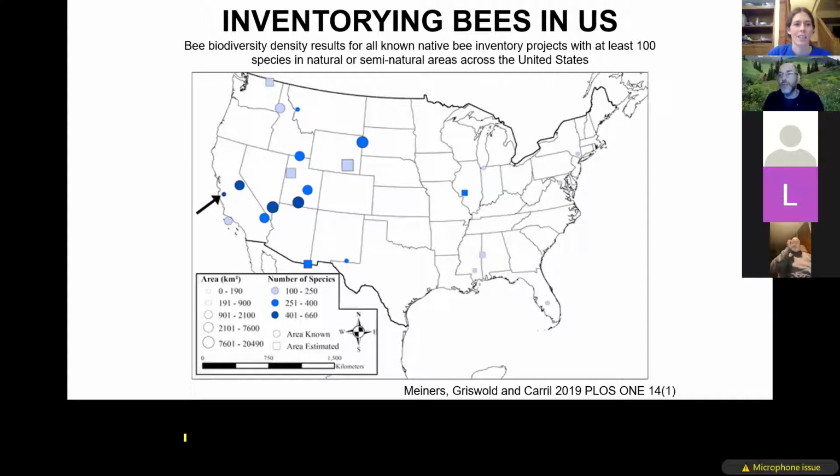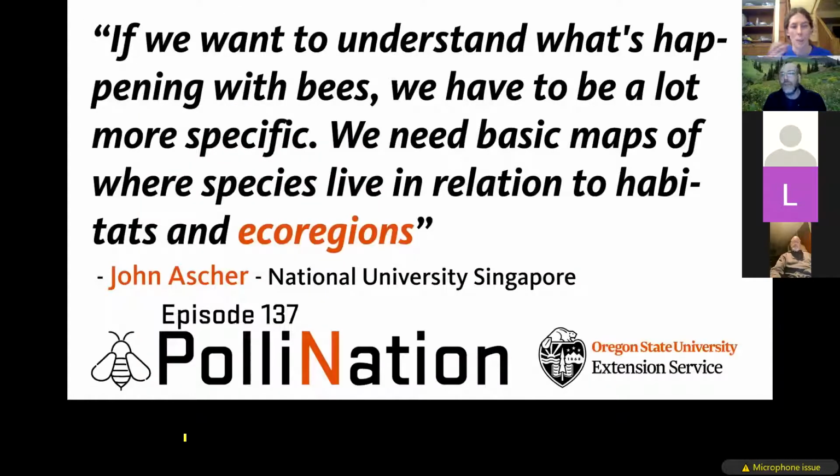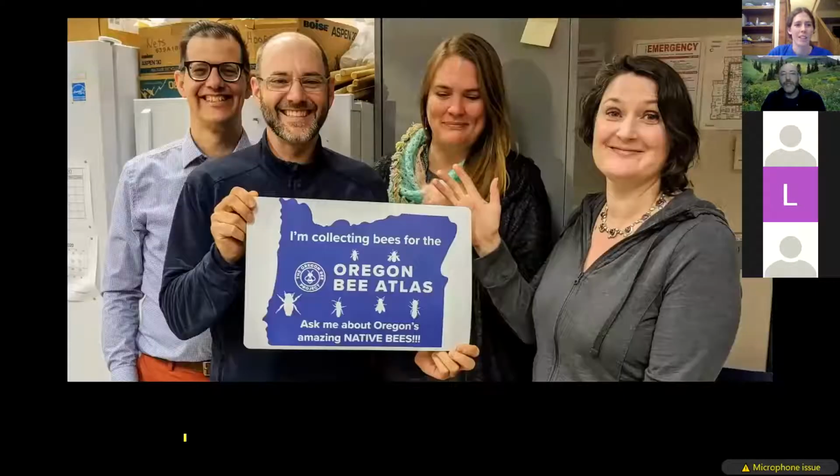There's very few large-scale inventory projects. Bees are extremely diverse, and there's even fewer large-scale bee studies that incorporate floral data. And so there's an enormous initiative for documenting all these species and their relations.